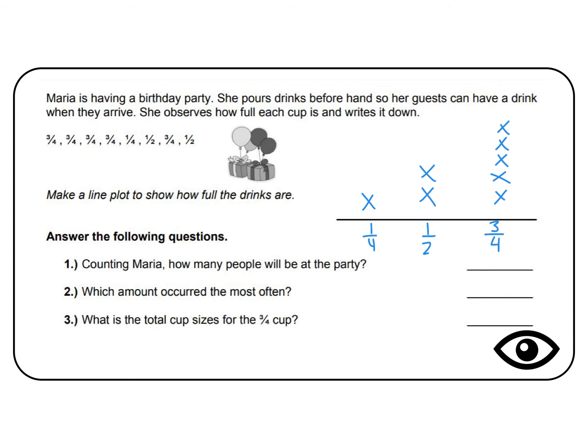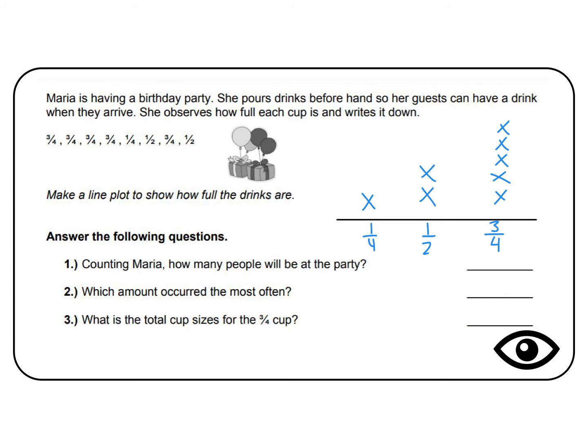All right, fifth graders, yesterday we talked about making a line plot. Today we're really analyzing the line plot. We're looking at some information we can pull out and answer questions based on our data. In this problem, it says, Maria is having a birthday party. She pours drinks beforehand so her guests can have a drink when they arrive.